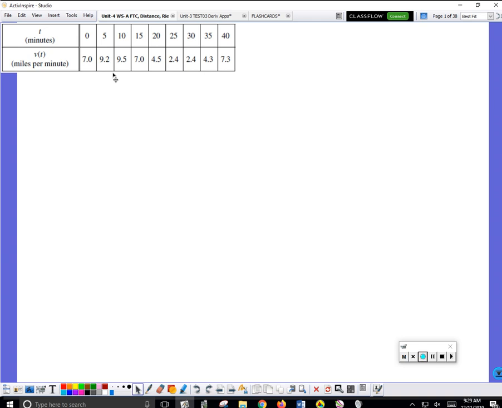A couple of lines into the packet, there's a statement that says we'll say that S of 0 is 10. So this would be 10 miles. Questions? Okay, the word miles can have different meanings.